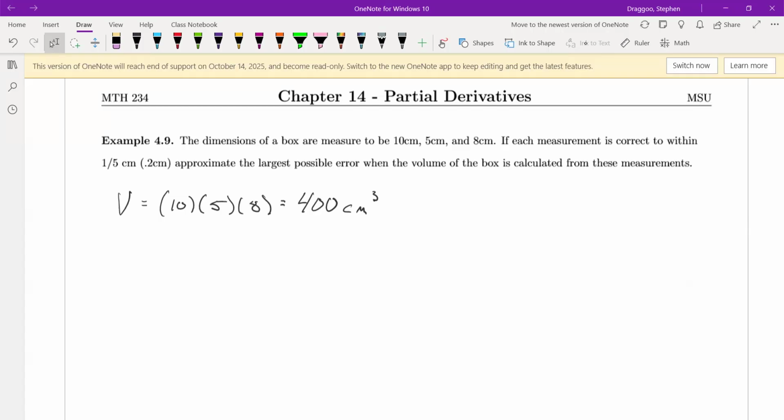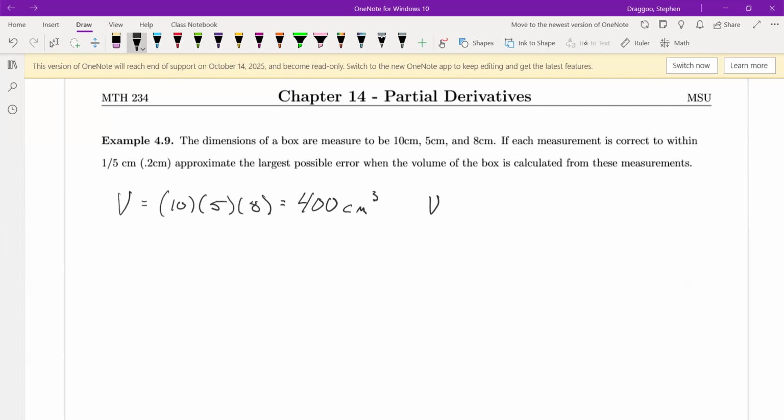And maybe one way, without having to do any calculus, to estimate the error that's in this measurement, is to set each of these errored measurements to their largest possible value. This isn't generally the trick we want to use, but it might work here.